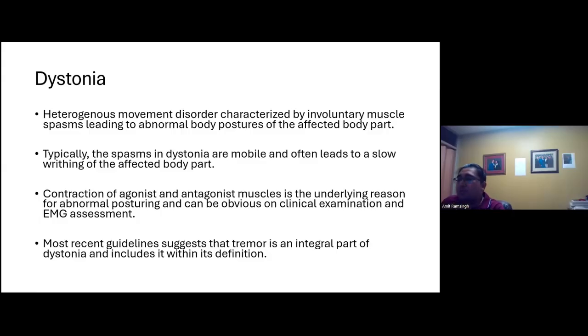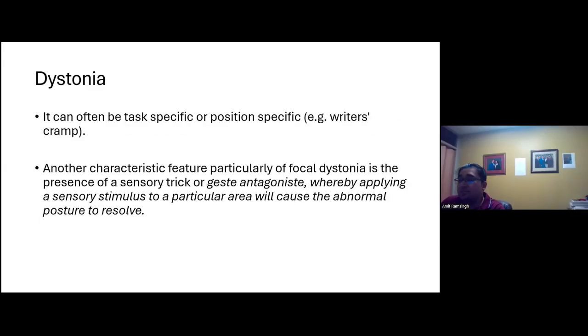So they involve contraction of the agonist and antagonistic muscles, and that's seen as being an underlying reason for the abnormal posturing. And it's very obvious on clinical exam as well as an EMG assessment. So most recent guidelines suggest that a tremor is an integral part of dystonia. That's the most recent guidelines, and it includes it within its definition.